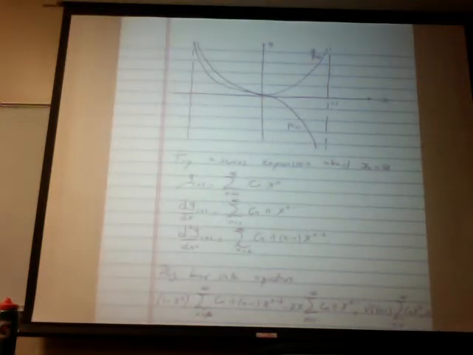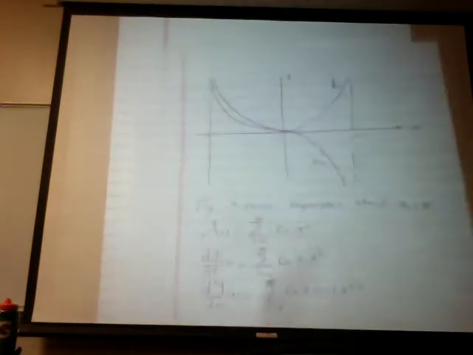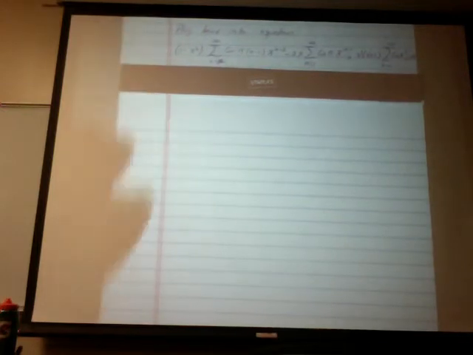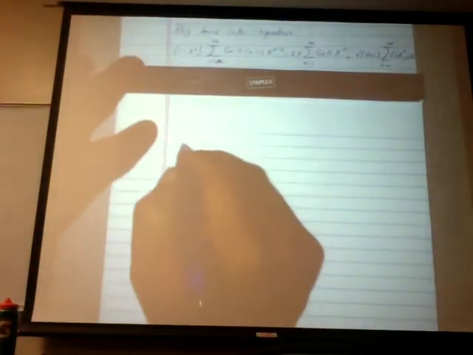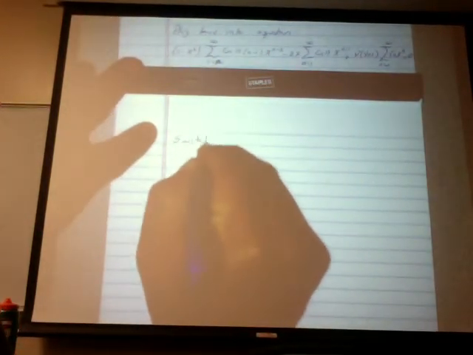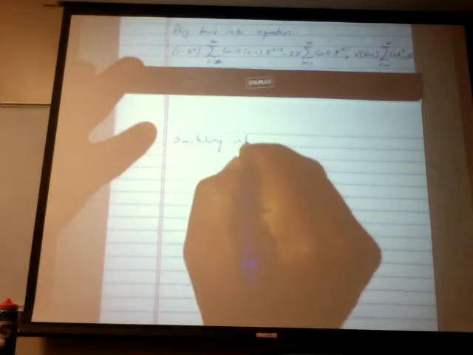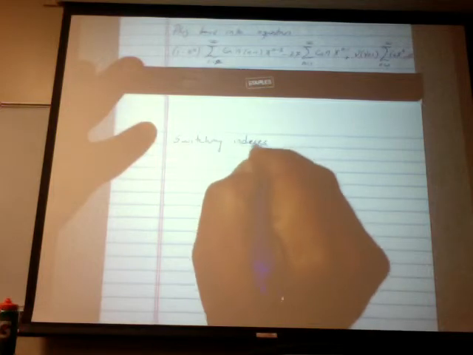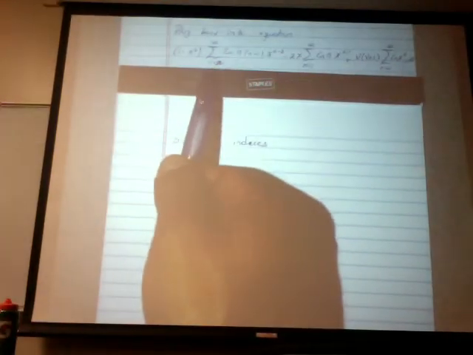Then what we do is switching indices. Okay, you need to switch this index here to n equals 0.